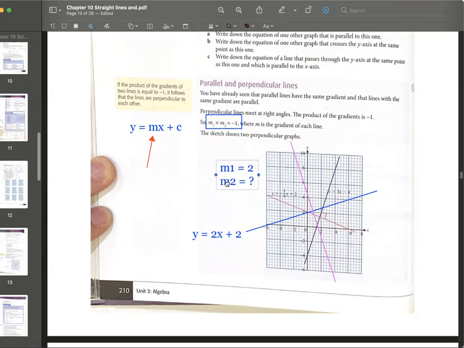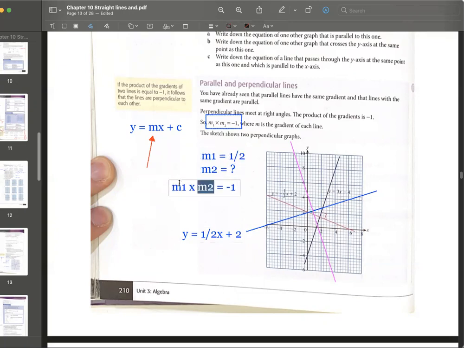But we have a formula. The first gradient multiplied by the second gradient is equal to negative 1. Okay, so I don't think this is 2. I'll just change this to, let's say, half. Then the first gradient is half. The second gradient is I don't know.